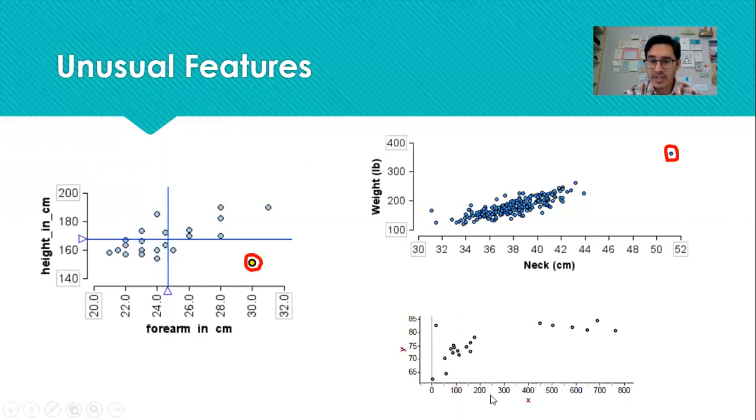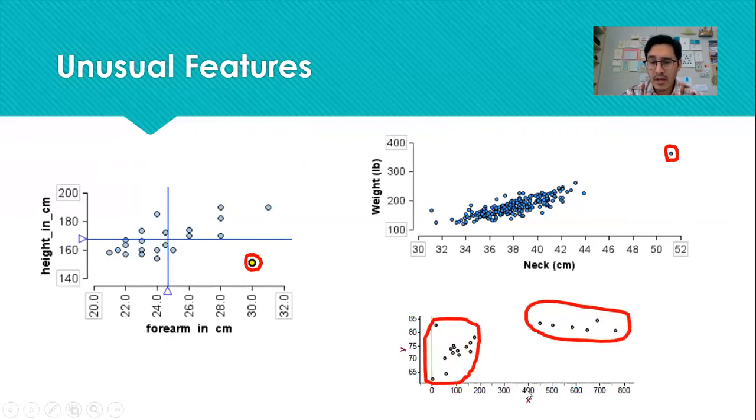And then another type of unusual feature that you'll encounter is clustering. In this last graph, if I recall, the Y variable is average lifespan, and the X variable is a measure of a country's wealth. Each dot represents a different country. You can see that the points separate into 2 clusters.